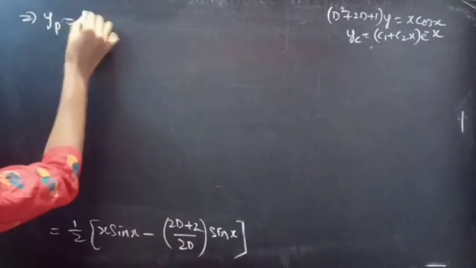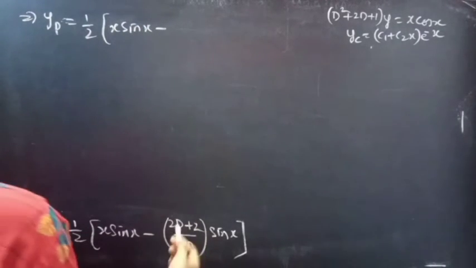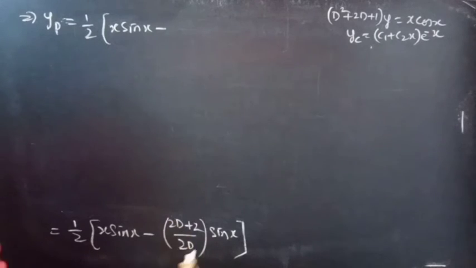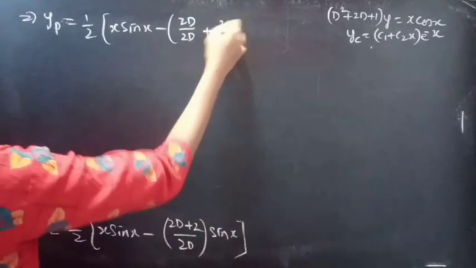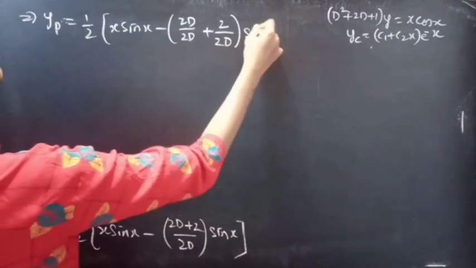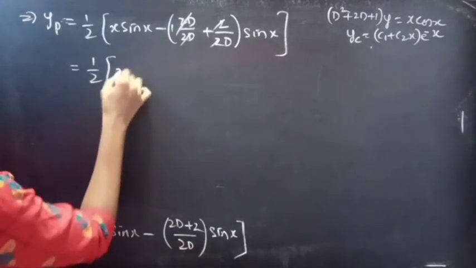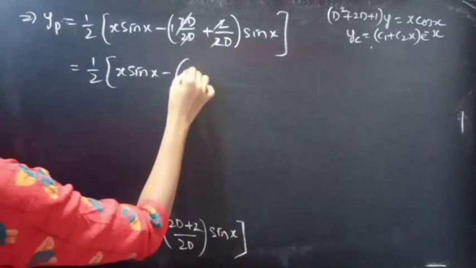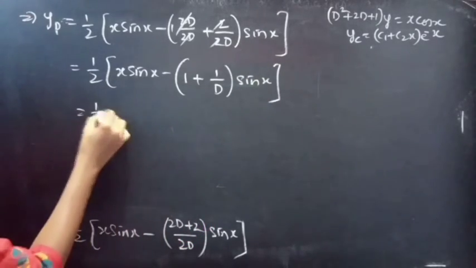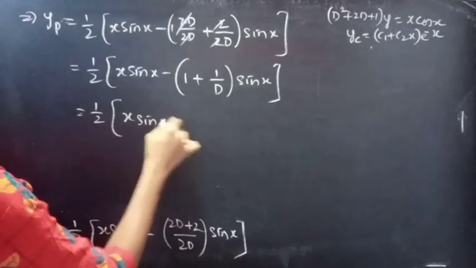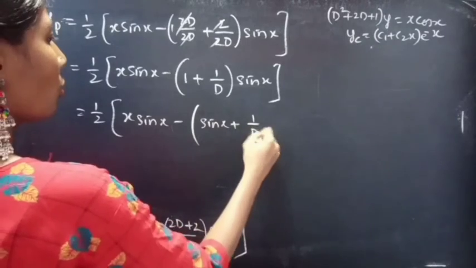This becomes 1/2 into x sin x minus, see in this fraction we have two terms in the numerator and one term in the denominator, so we can split this into two terms: 2D/2D plus 2/2D into sin x. 2D/2D is 1. 2 gets cancelled and we'll get 1/2 into x sin x minus (1 plus 1/D) into sin x, which equals 1/2 into x sin x minus (1 into sin x is sin x plus 1/D into sin x).